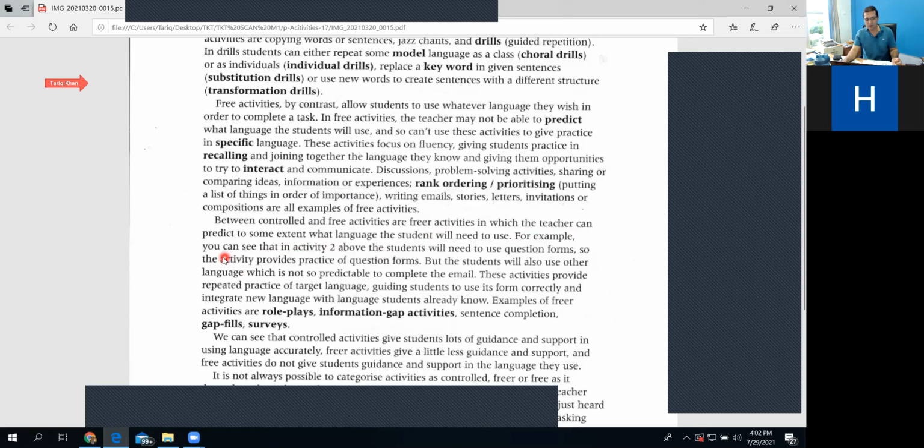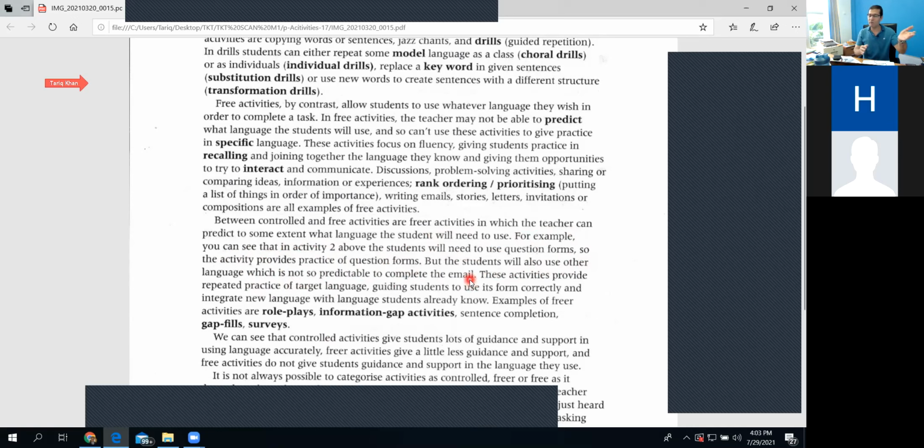For example, you can see that in activity 2 above, the students will need to use question forms. So the activity provides practice of question forms, but the students will also use other language which is not so predictable to complete the mail.